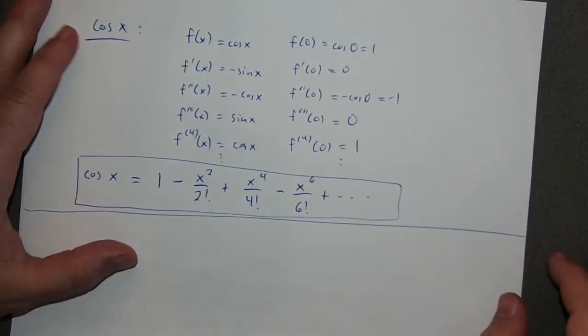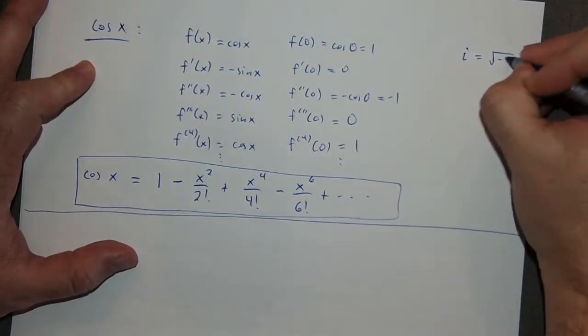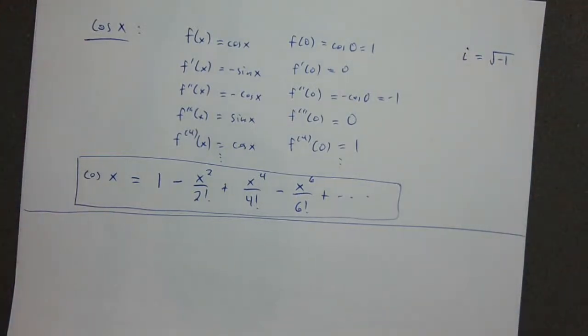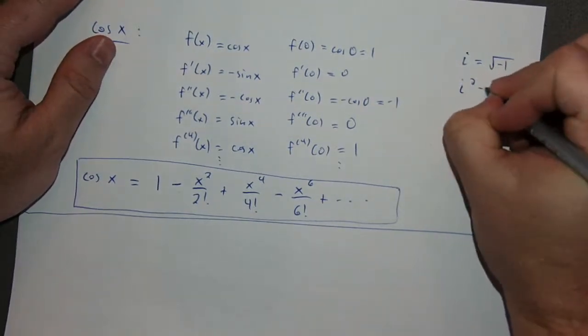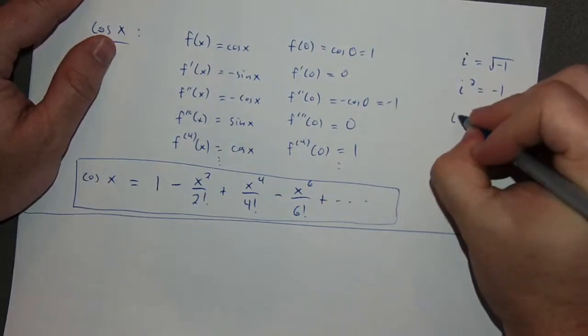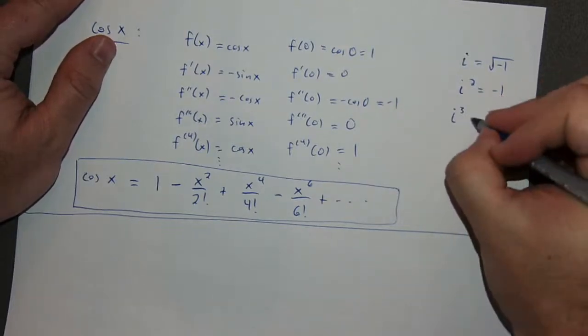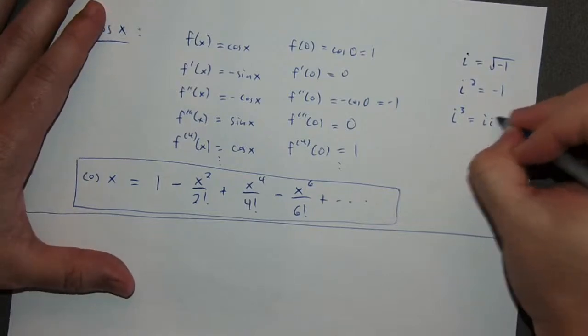I want to work out the algebra of this imaginary unit, the square root of minus 1. It's not a real number, but I treat it as just a symbol that has the property that when I square it, I get minus 1. Well, what happens when I cube it? When I cube it, that's really the same thing as i times i squared.